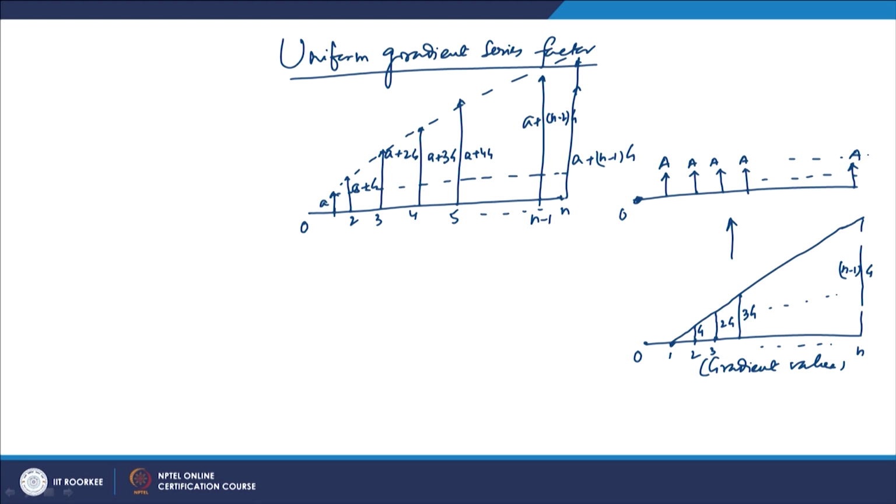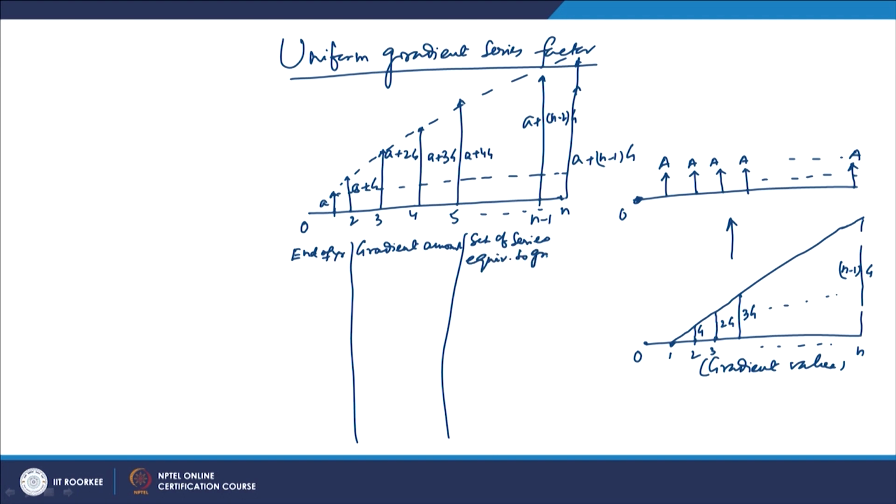And so, what we can see in the tabular form, if you talk about the end of year, and then the gradient amount, then the set of series equivalent to the gradient series, and then you have the annual series.